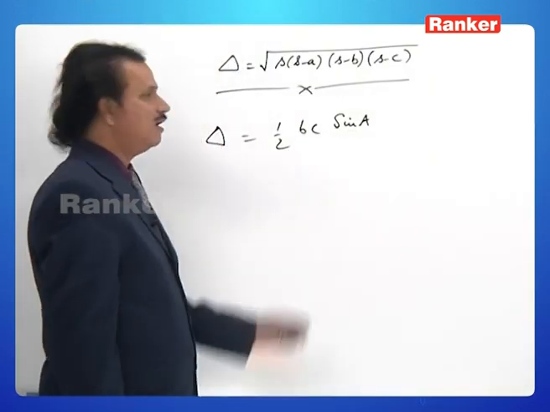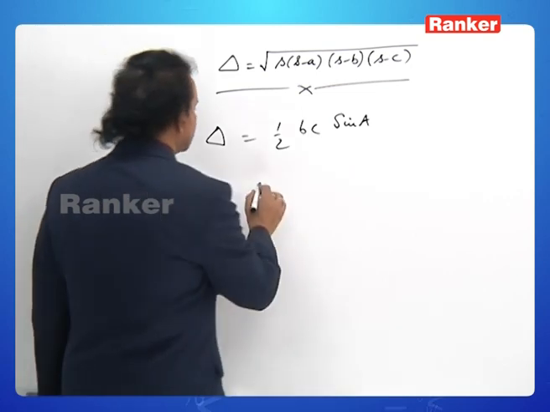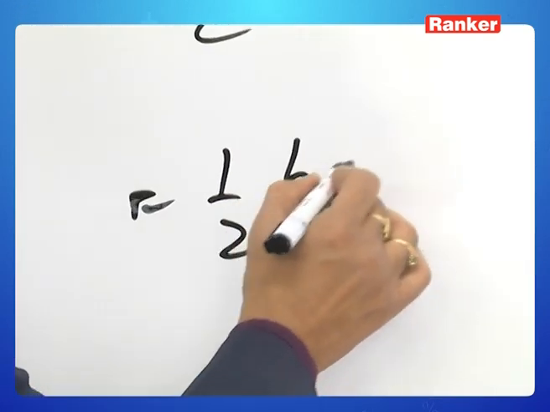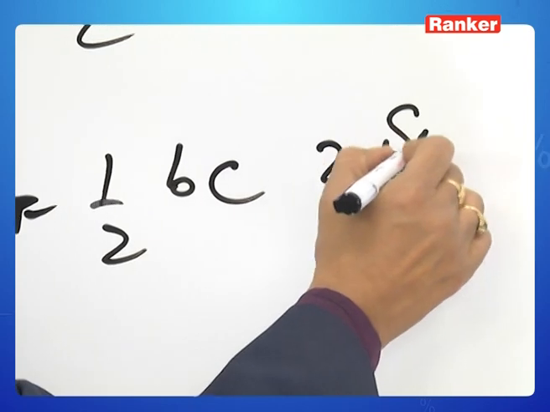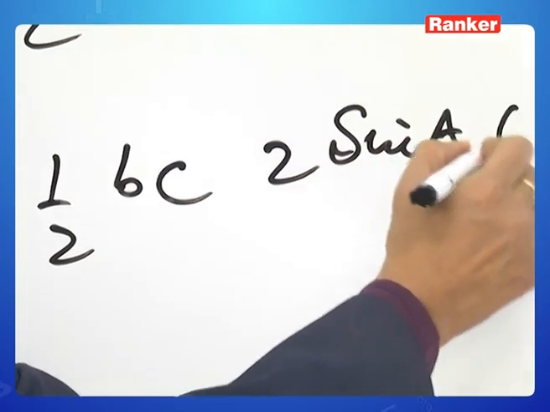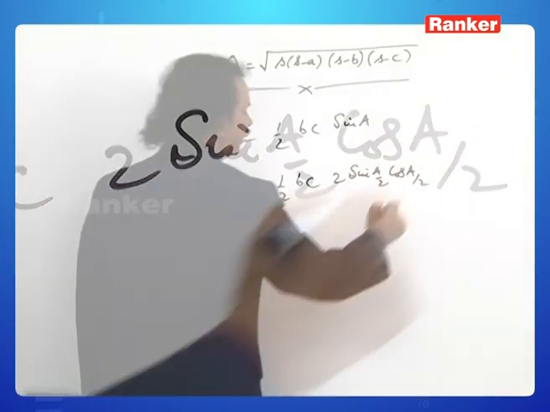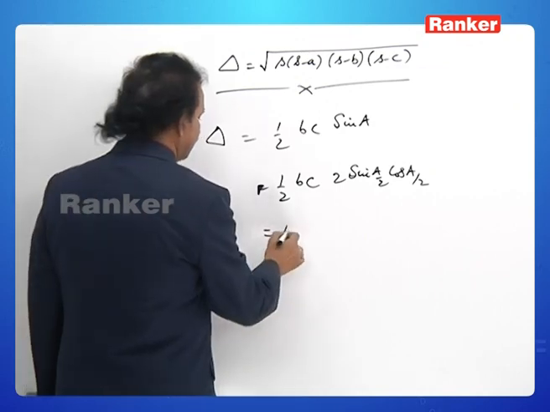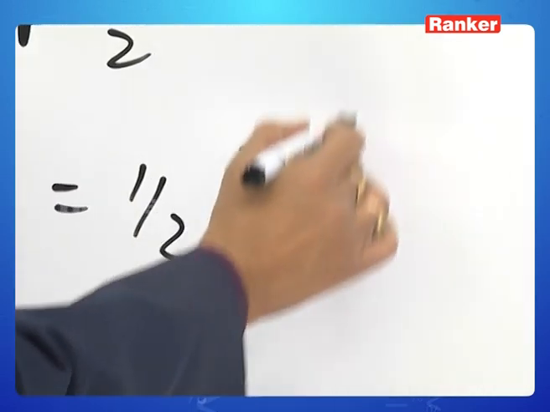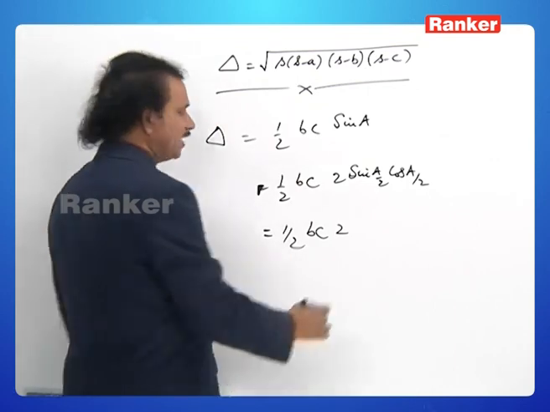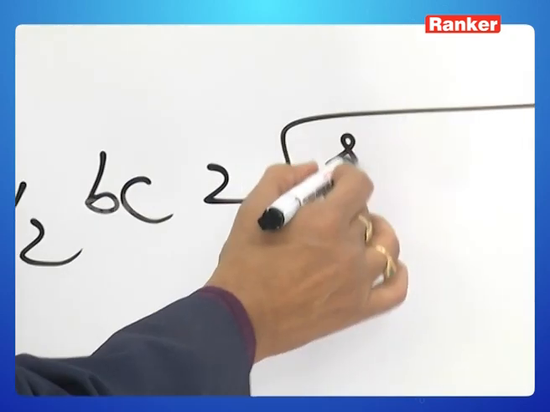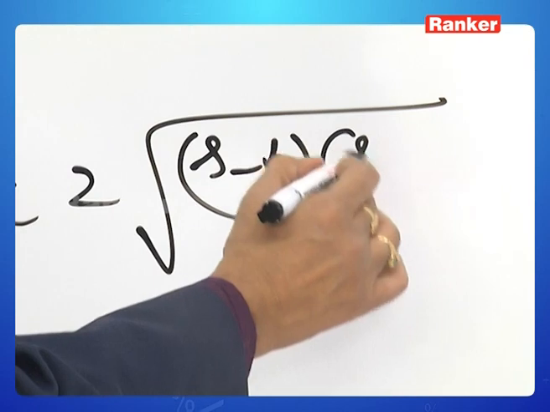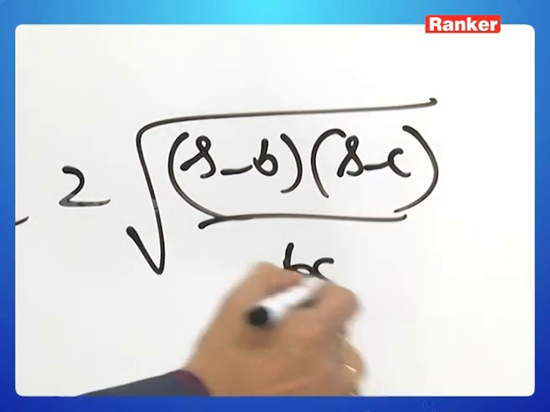Area of the triangle is half bc sin A. Hence it is half into bc into, what is sin A? 2 sin A by 2 cos A by 2. Therefore it is equal to half into bc into 2 into, what is sin A by 2? Root of (S minus B) into (S minus C) by bc.